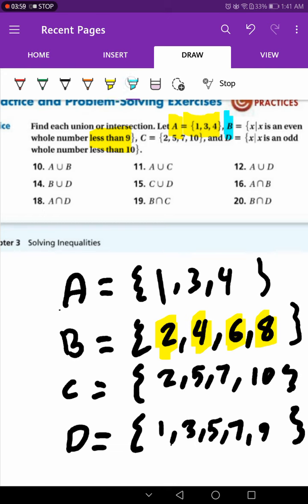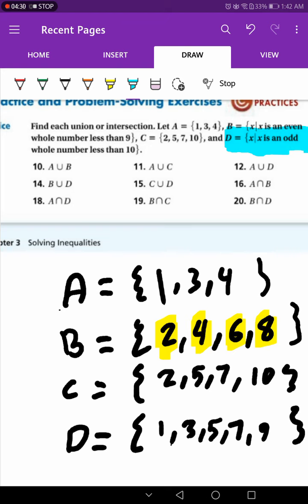Now set C is mentioned directly. C is 2, 5, 7, and 10. Great. Now the last set is D, where D equals X, and X is an odd number.